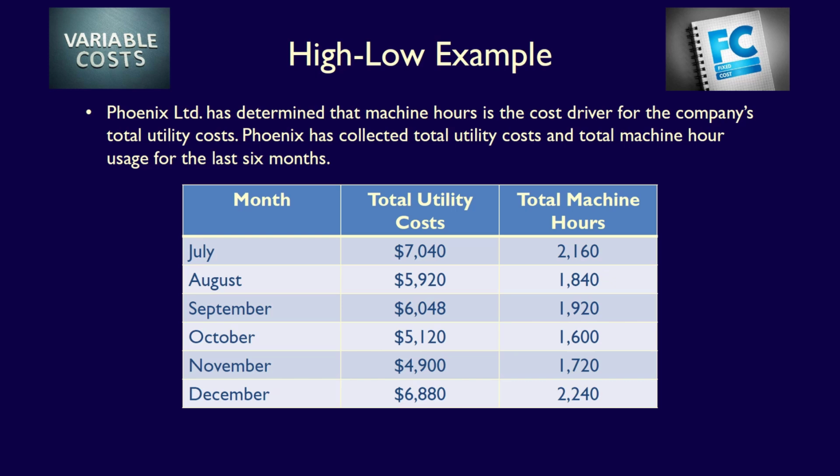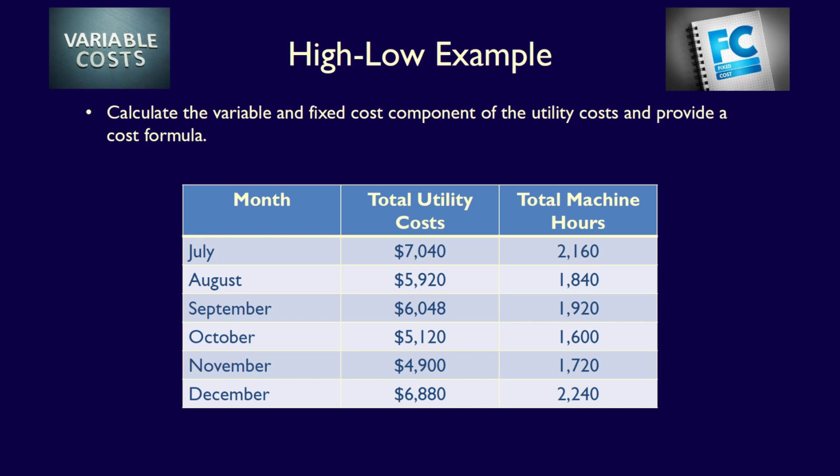October, $5,120, 1,600 machine hours. November, $4,900, 1,720 machine hours. December, $6,880, 2,240 machine hours. Calculate the variable and fixed cost components of the utility costs and provide the cost function.